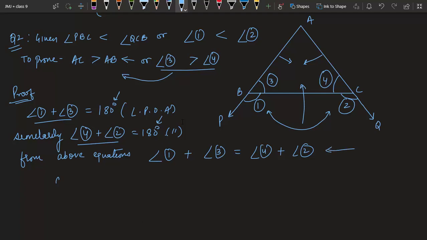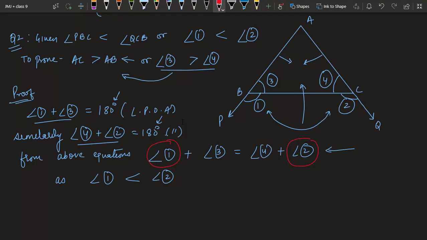We know angle 1 is less than angle 2. So this angle 1 is less than this angle 2, and overall they are equal. That means this 3 has to be larger than angle 4.